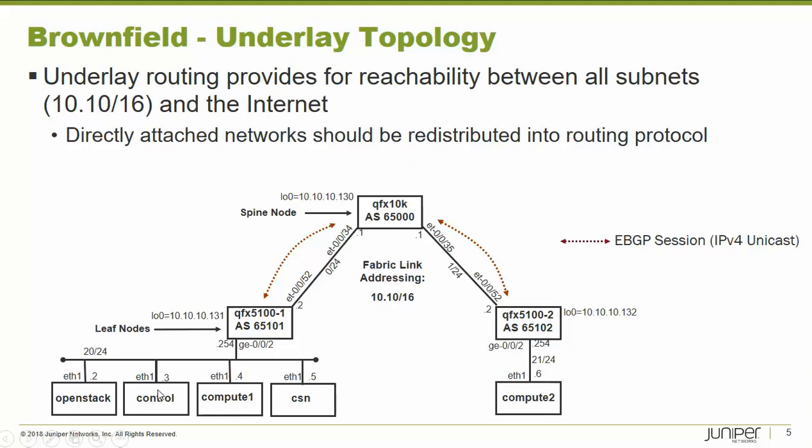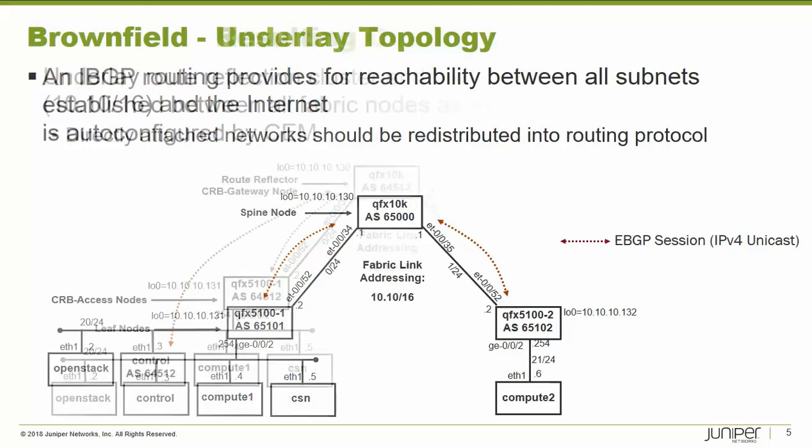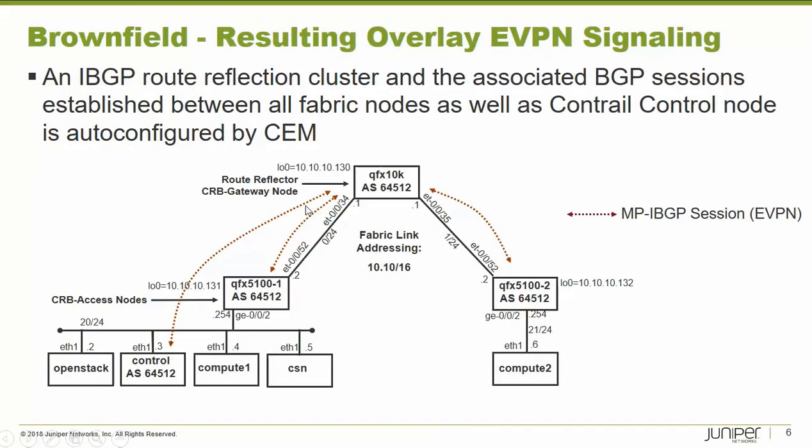And the reason why is this. After the Brownfield onboarding, what you're going to get auto-configured is an EVPN overlay. And the QFX10K is going to act as a route reflector in our topology. Its clients are going to be the top of rack switches, as well as the control node.